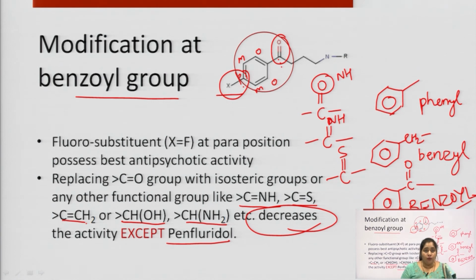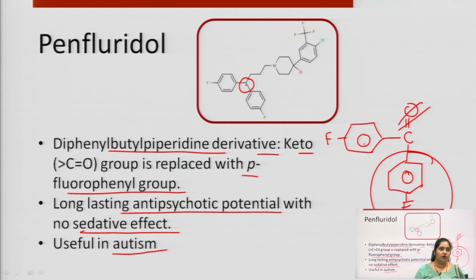The only compound that has best activity even after the alteration of the carbonyl of this benzoyl group is Penfluridol. We have studied Penfluridol also, that in the case of Penfluridol we have replaced C double bond O by CH and substitution of a para-fluorophenyl ring.